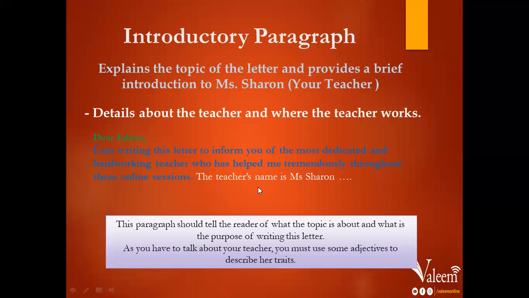I've described her as very hardworking and dedicated, and that she has helped me tremendously throughout the online sessions. Keep in mind that when you're writing your letter, the first paragraph should answer the first pointer mentioned in the question.